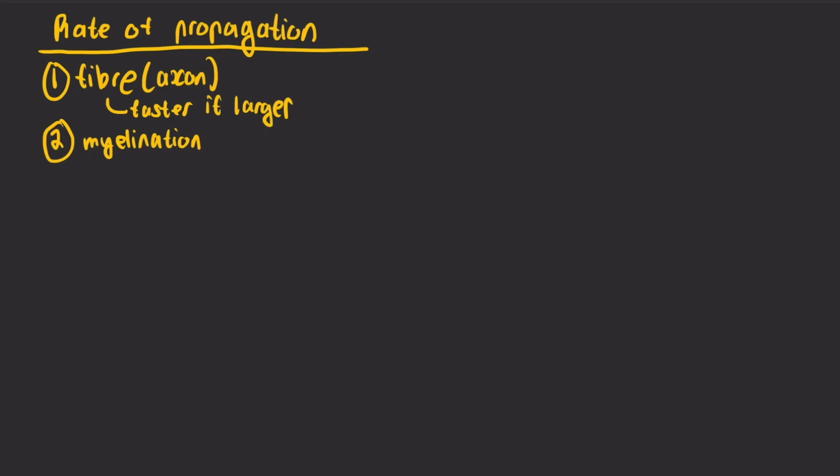So if we don't have this insulation, for better current flow, you will have slower propagation compared to a neuron that has this myelin, which will result in faster propagation. So let's say if you have an unmyelinated axon, you're going to have action potentials that are going to be a lot slower, okay?